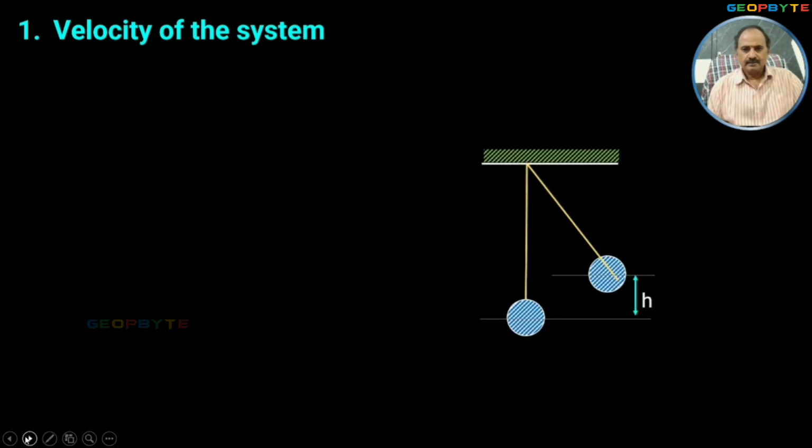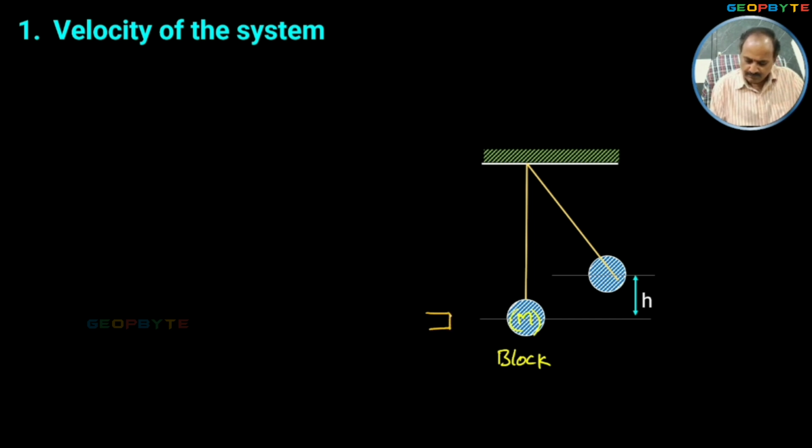Look at the right block. This is the block. Let me write it clearly. Block of mass capital M, and somewhere here the bullet is available from the gun.